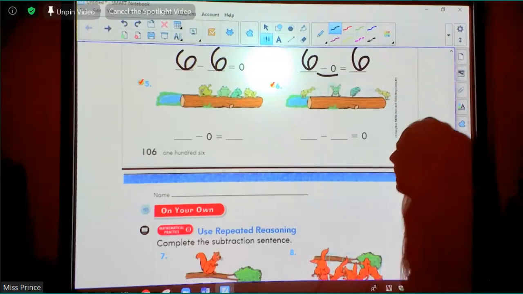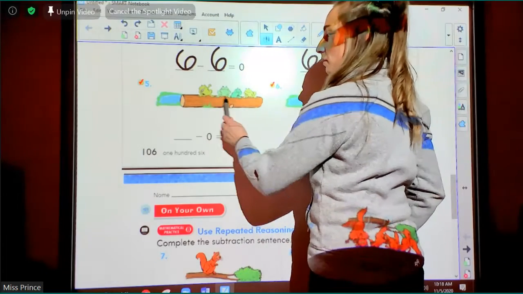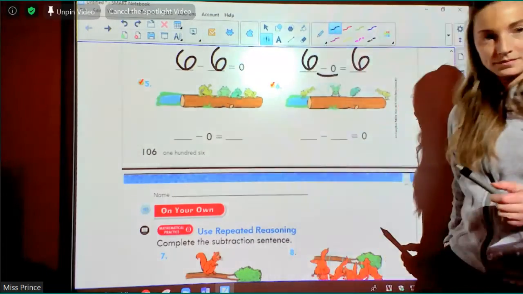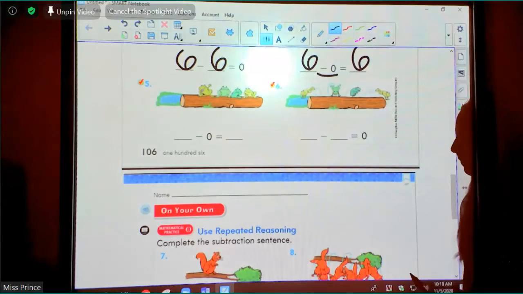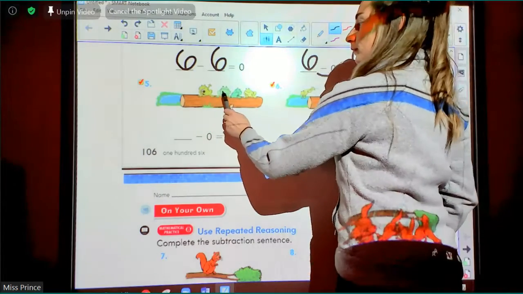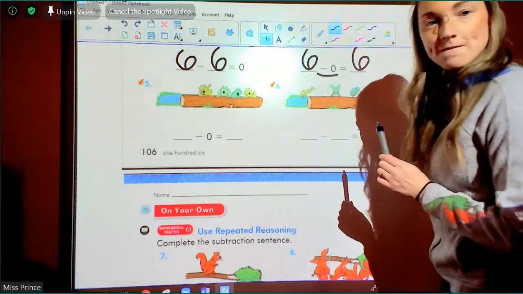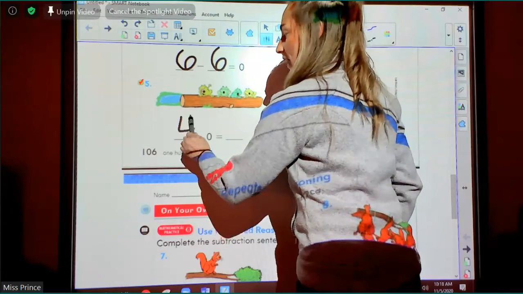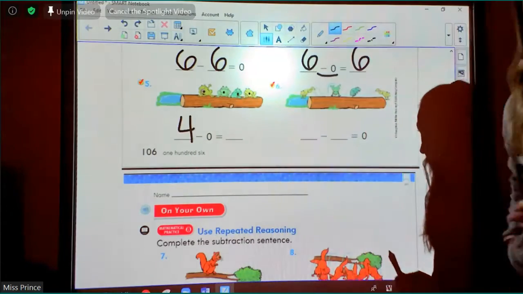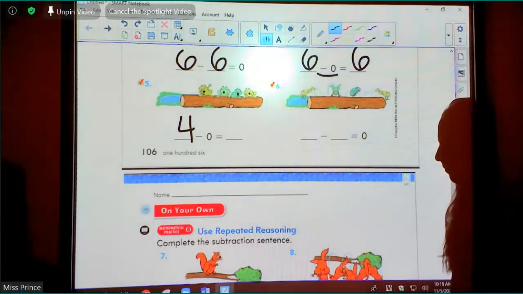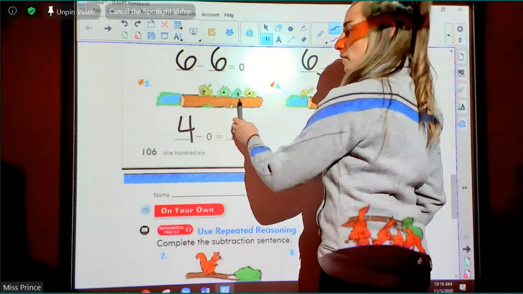Okay. Kaya, can you tell me how many frogs are on the log? Can you say 4? How many are jumping off of the log, Kaya? Are any of them jumping off right here?